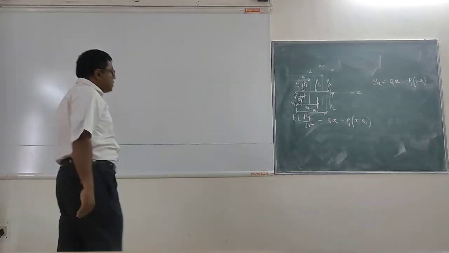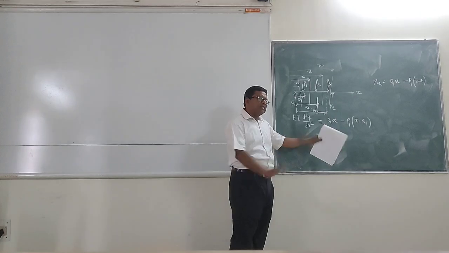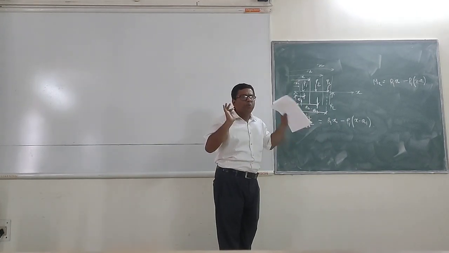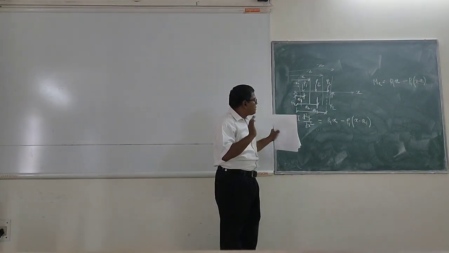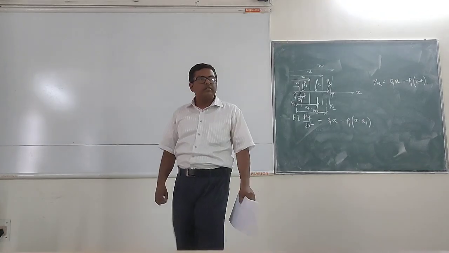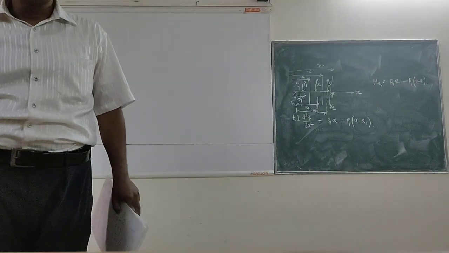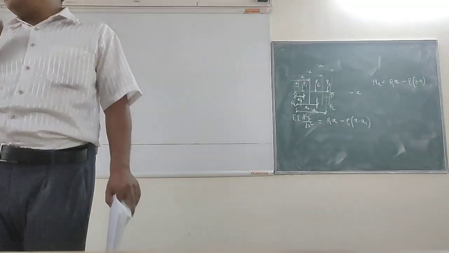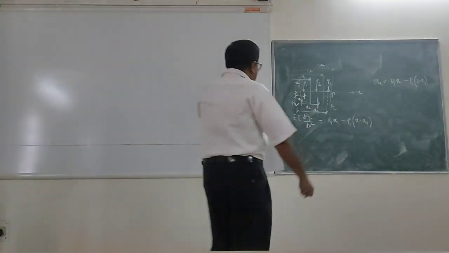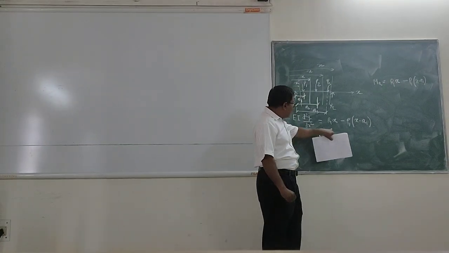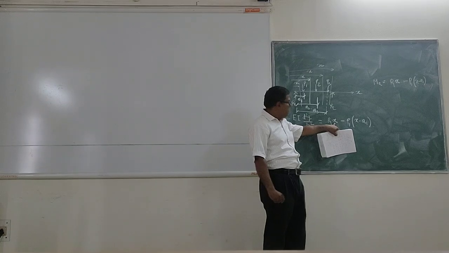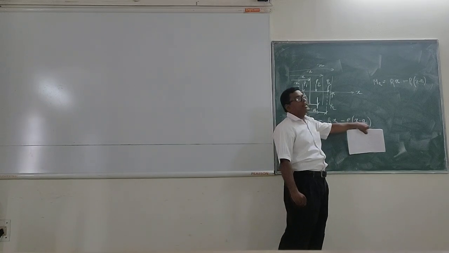Suppose now in this equation I put x equal to 0, the boundary condition. At x equal to 0, what will be my y? If I put x equal to 0 in this equation, this will become 0 and this will become 0 minus a1.